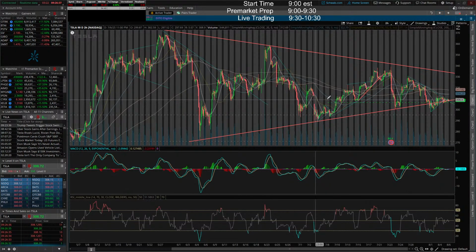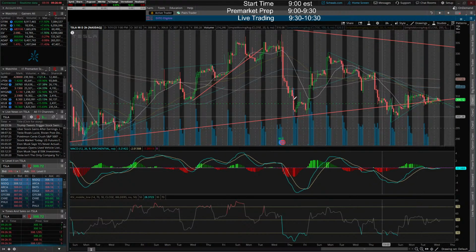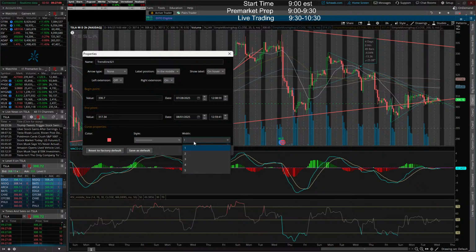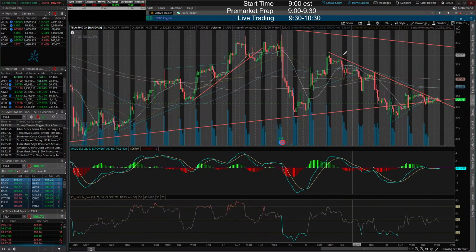So far, it's just hanging out. Pretty much sideways yesterday. Sideways the day before that. Now, there is a decent little trend break here. But it's still holding that wedge. So it could go either way still. Obviously, there's this one too, which is a nice looking trend line as well. Let me make this one darker. So shorter trend line right here. If that holds up, then it's probably just going to go back to the top of the wedge.